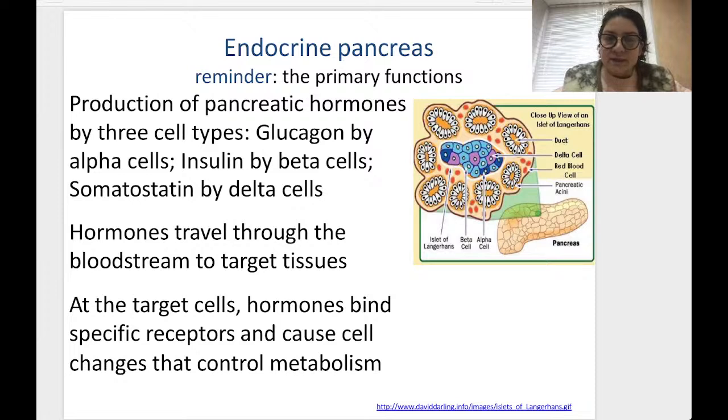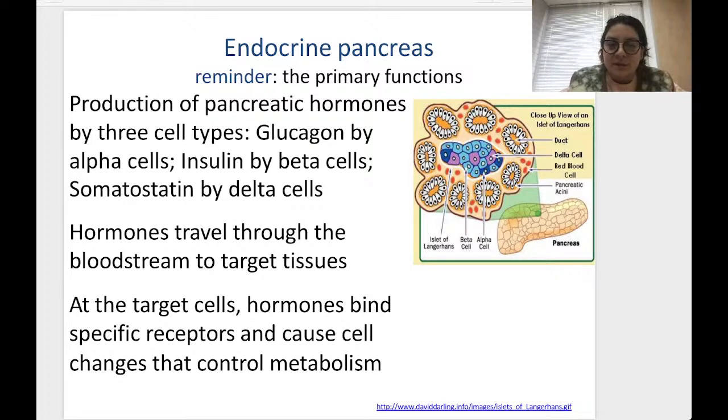Moreover, it consists of ducts, delta cells, and it has red blood cells and pancreatic acini. As I told, we are most interested in alpha cells and beta cells. These cells and delta cells produce different types of hormones. Glucagon is produced by alpha cells, insulin by beta cells, and somatostatin by delta cells.